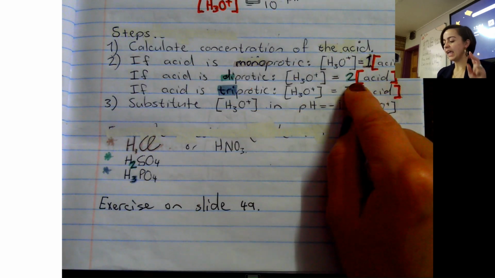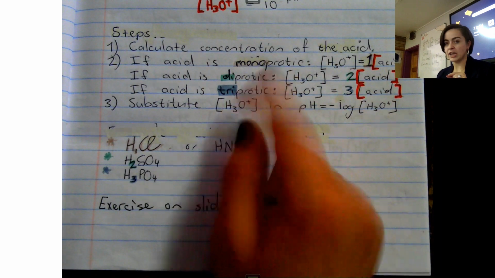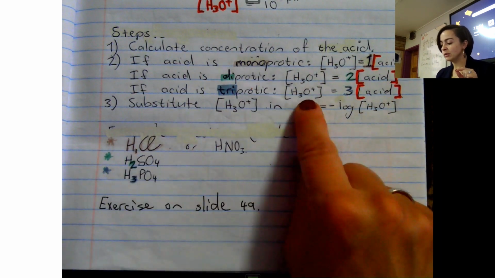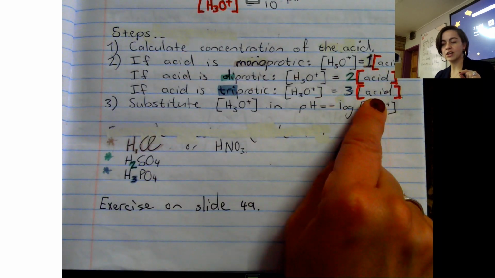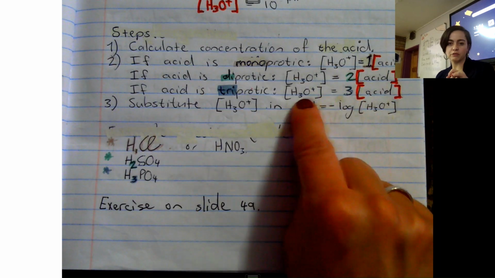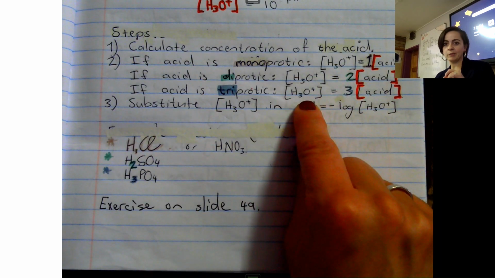If it's triprotic, such as phosphoric acid, that means I have to multiply the acid concentration by 3 to get the concentration of my hydronium ions. Why? Because for every 1 molecule of H3PO4, the moment I put it in water, it will give me 3 hydronium ions.